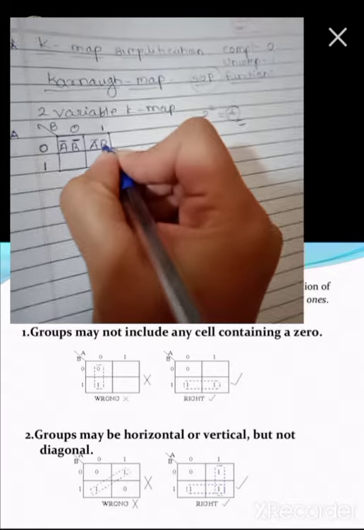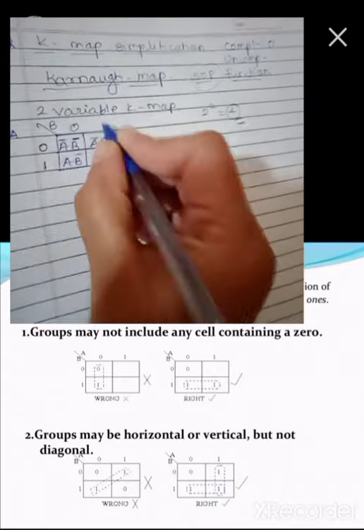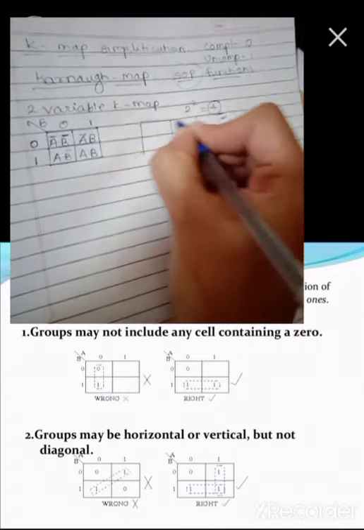Both are 0, and for 0, we are writing a complement term because we are plotting for SOP function. So 0, 0 means A bar, B bar. Now 0, 1 means A bar, B. 1, 0 means A, B bar, and 1, 1 means A, B. Right. So now this is the method of plotting 2 variable SOP form K-map.